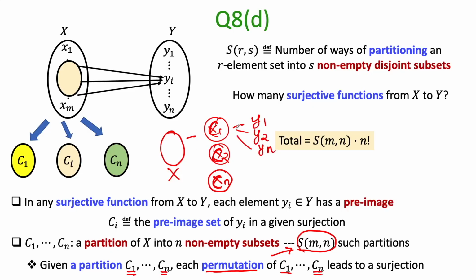Once we have decided which element from the codomain C1 is the preimage set of, we next have to assign the subset C2 to be the preimage set of any element from the Y set except the element which has been assigned to C1. And like that I can continue for the remaining subsets in my partition. So that's why I am saying, once you have decided the subsets within your partition, any permutation of them corresponds to a surjection. So the total number of surjective functions will be S of m comma n times n factorial.